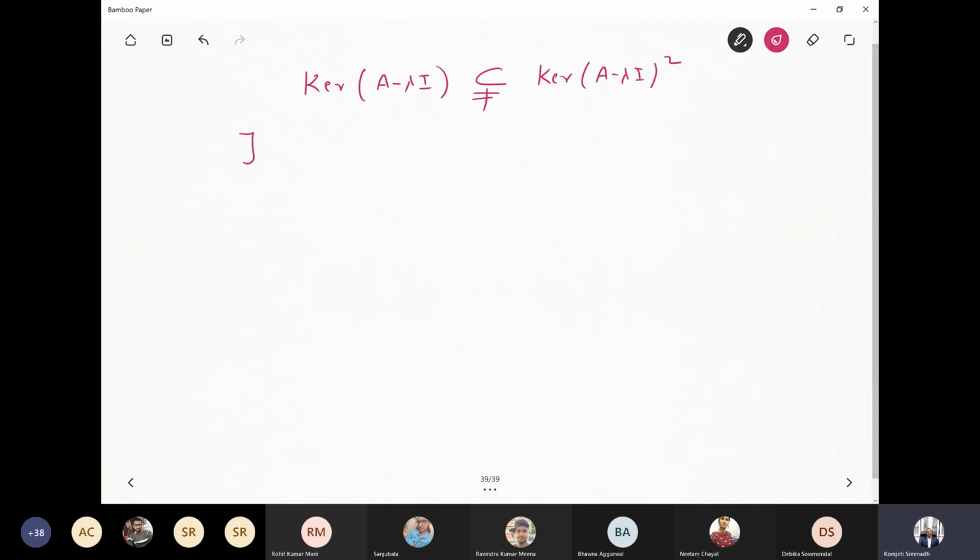Therefore, there exists one vector z which is in the kernel of A minus lambda I square, and z is not in the kernel of A minus lambda I.